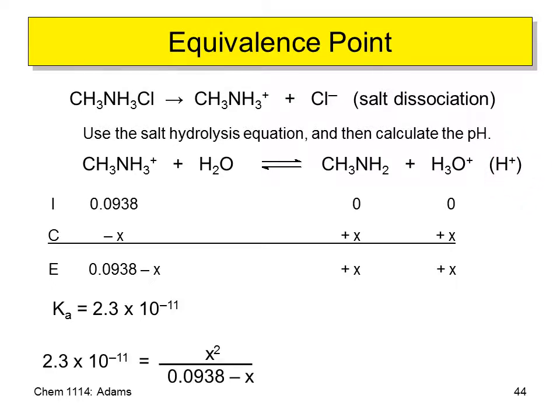That's equal to the concentration of the products divided by the concentration of the reactants, taking that minus x to 0 and solving for x. I'm going to realize x is my hydrogen ion concentration. So if I take the negative log of that, I get a pH.